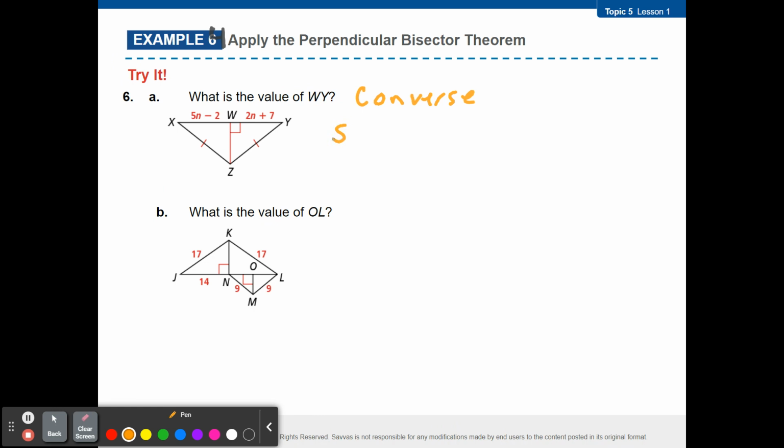So I'm going to have 5n minus 2 equals 2n plus 7. What does n end up equaling here? Who can tell me? Yeah. 3. Substitute that into WY. That's going to be 2 times 3 plus 7, which leaves us with a total of 13.